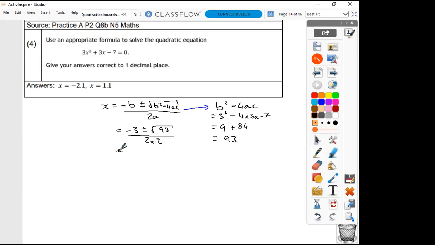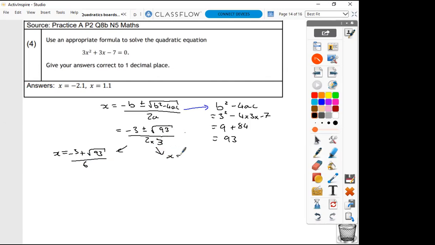Then we separate them. x equals negative 3 plus root 93 over 6. Why have I written 2 then? Over 6.